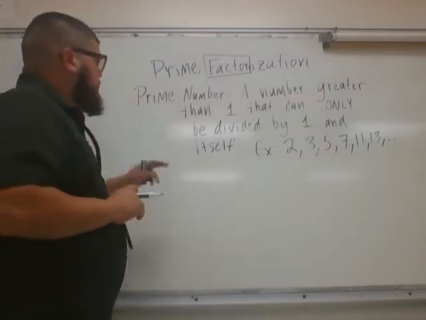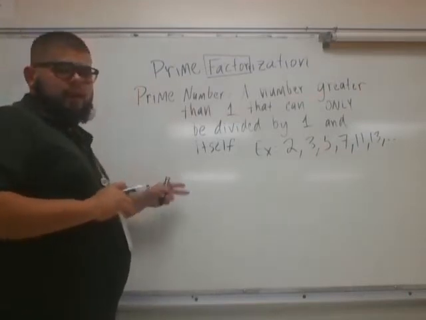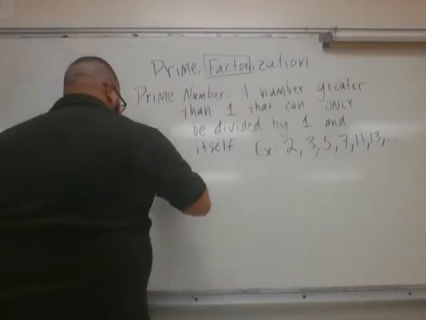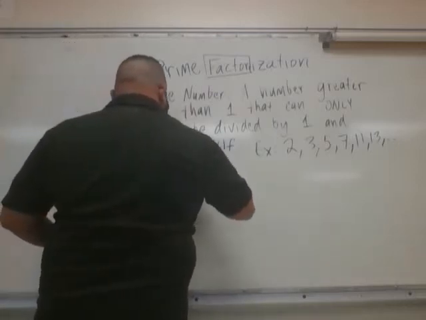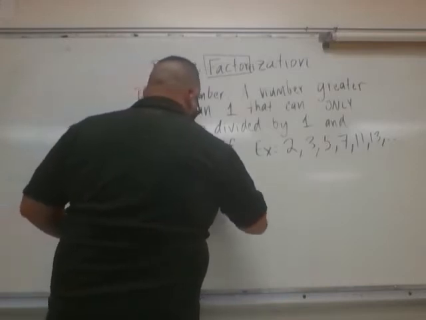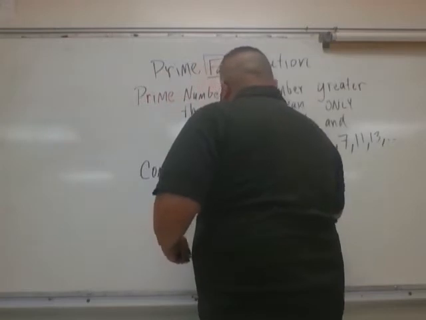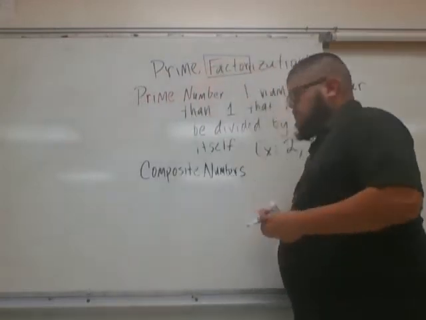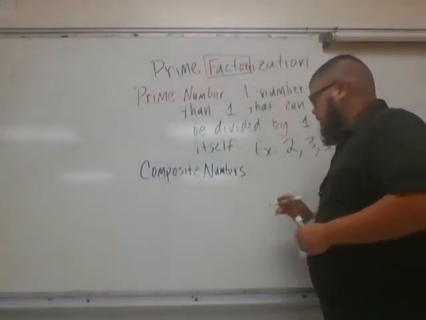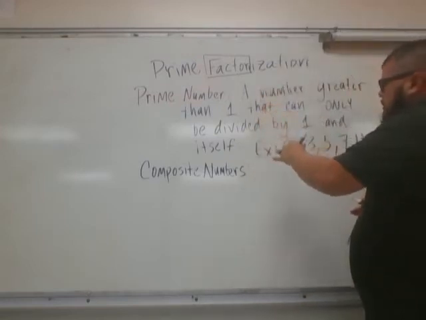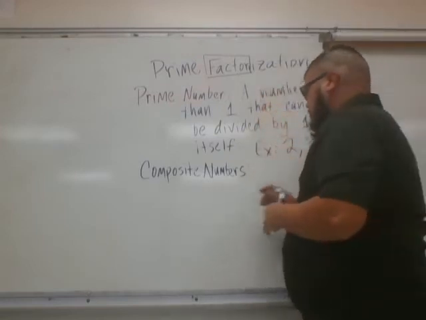Okay, now the opposite of a prime number, or the counterexample, is composite numbers. Composite numbers are the opposite of this.